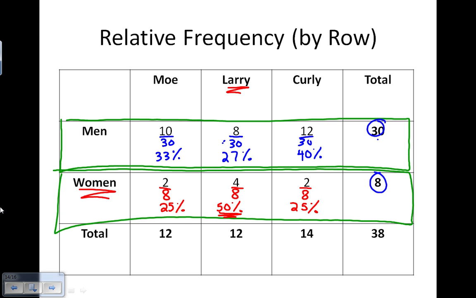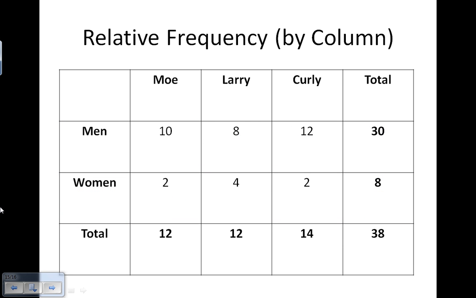And that's helpful to know. The other thing you should note, the top vote getter for women was Larry. However, the top vote getter for men was Curly. So it's helpful to break it down by row so we can compare how the men responded versus how the women responded.